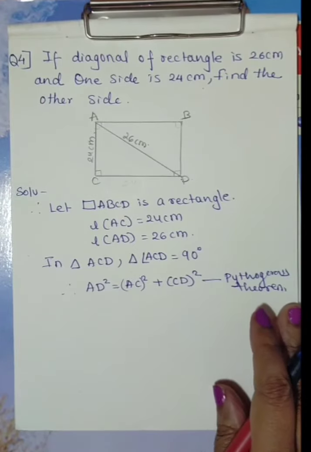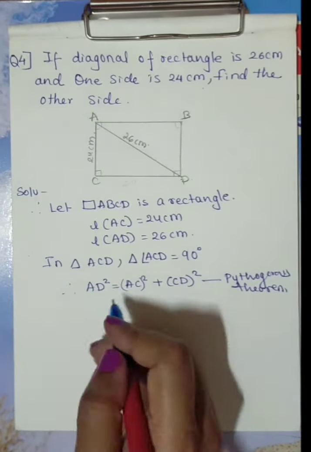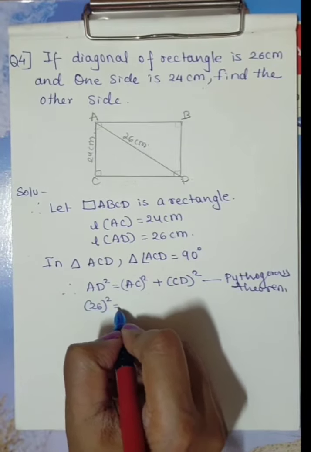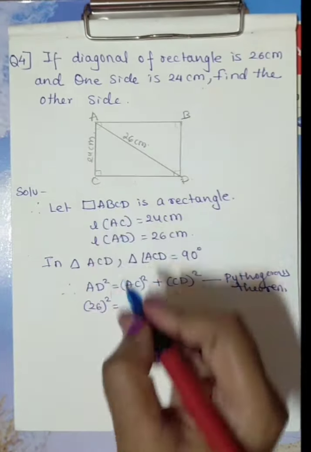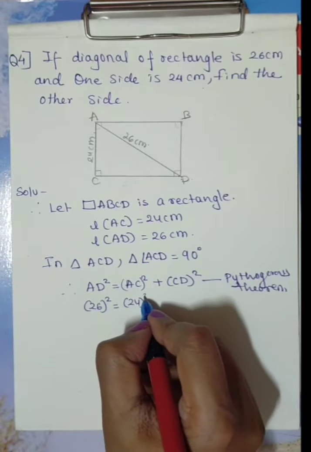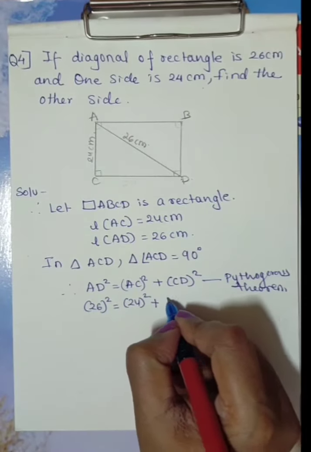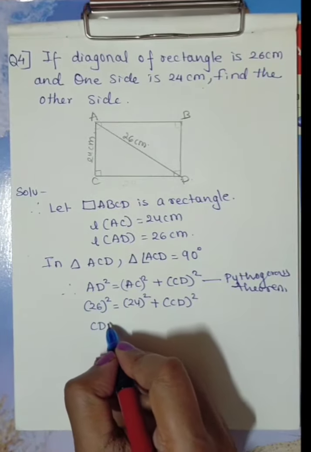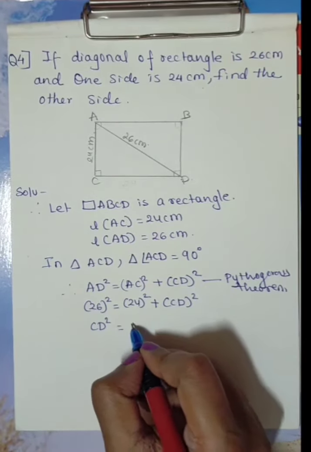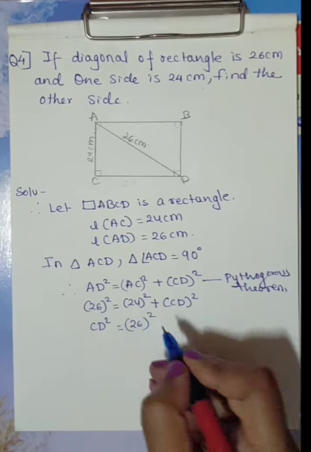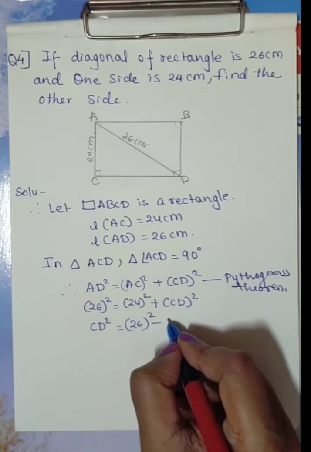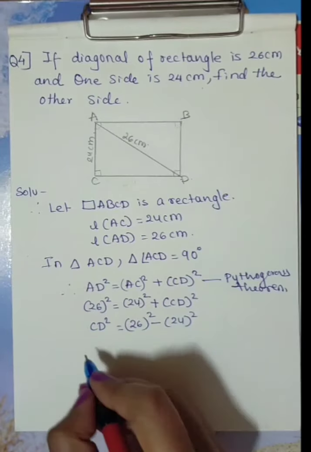Now AD is given, 26 square, so I am writing here 26 square equal to AC, we are having 24 square plus CD square. Now CD will come this side. CD square is equal to 26 square, and this will move to this side, which means it will become minus 24 square.